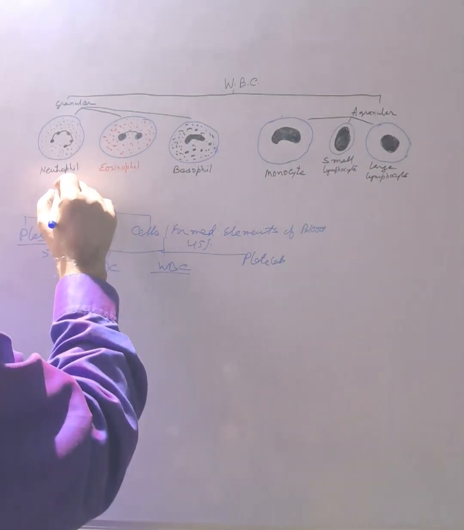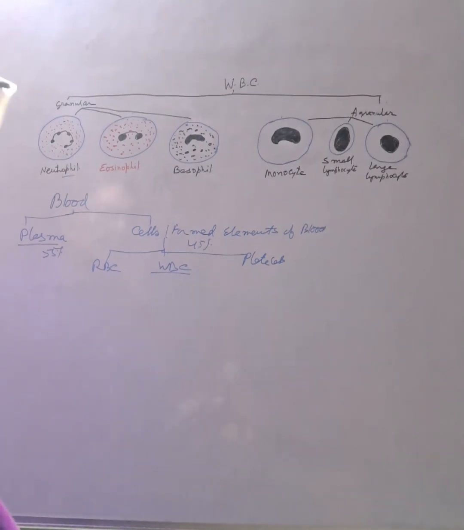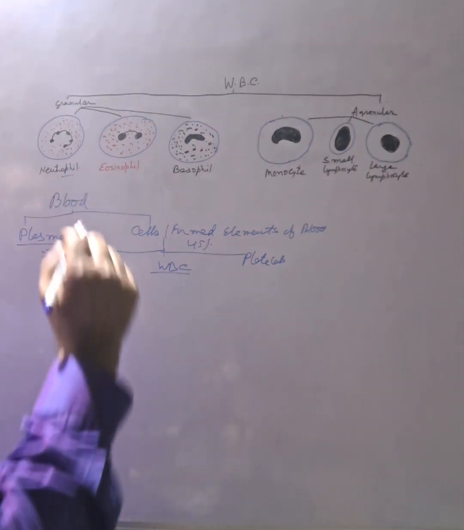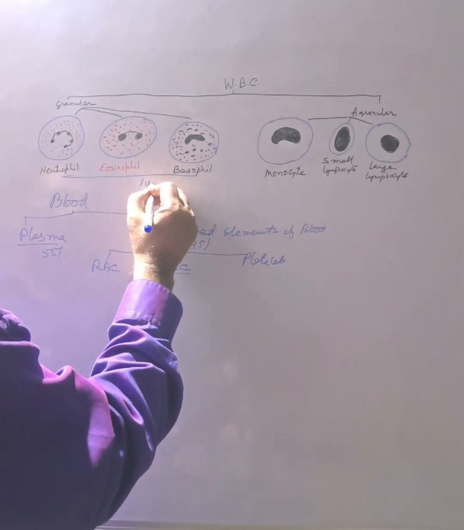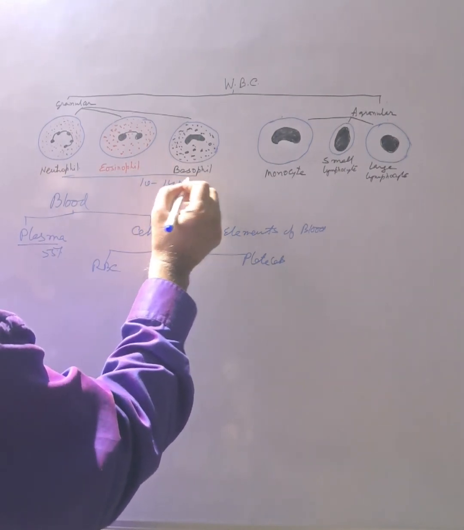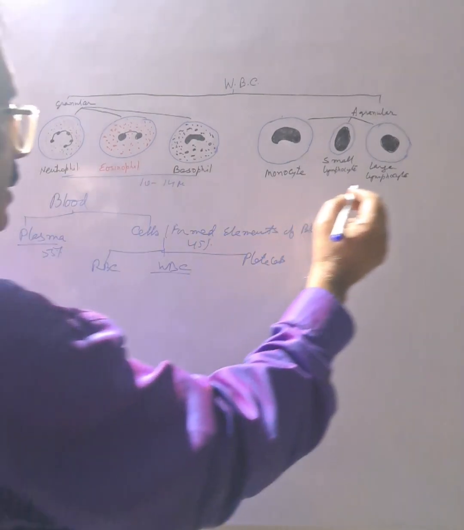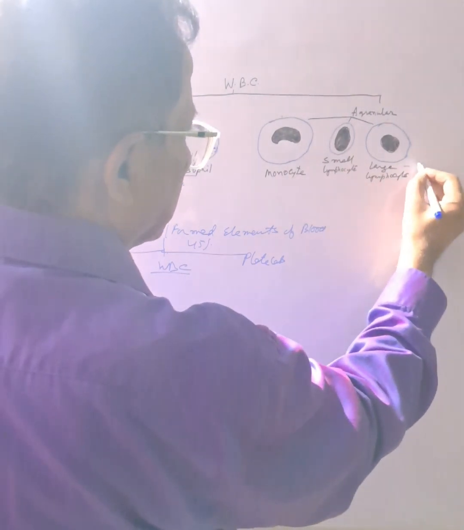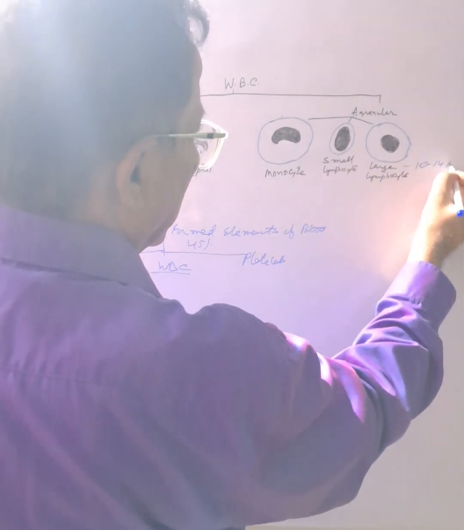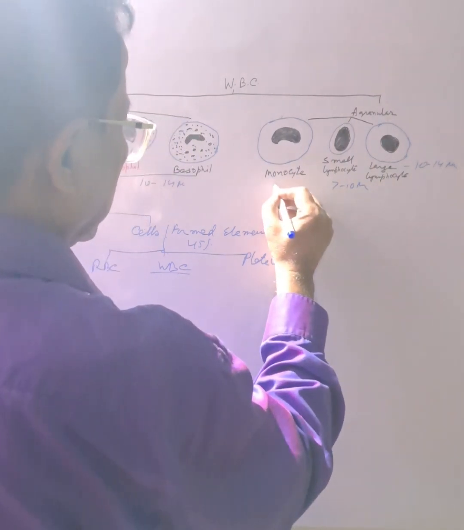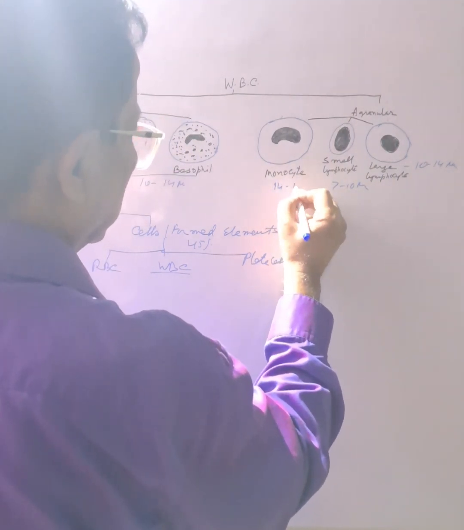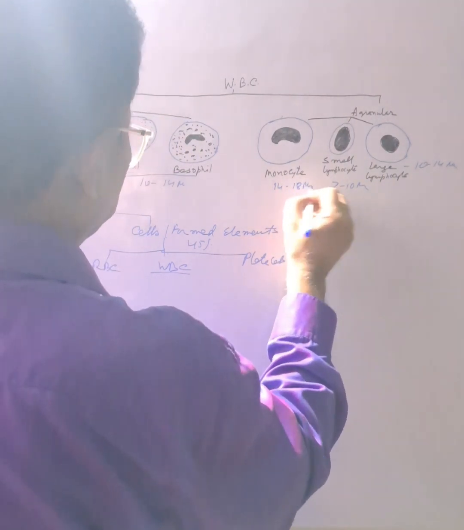Now, what are the characteristics of neutrophil? The size of these cells is 10 to 14 micron. The size of a large lymphocyte is also 10 to 14 micron, and a small lymphocyte is 7 to 10 micron. Monocyte is a bit larger, 14 to 18 micron.